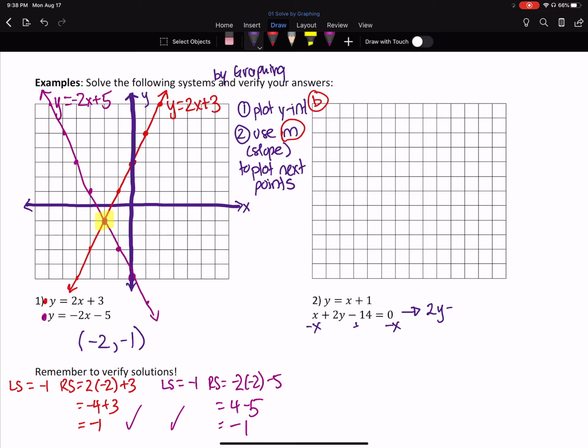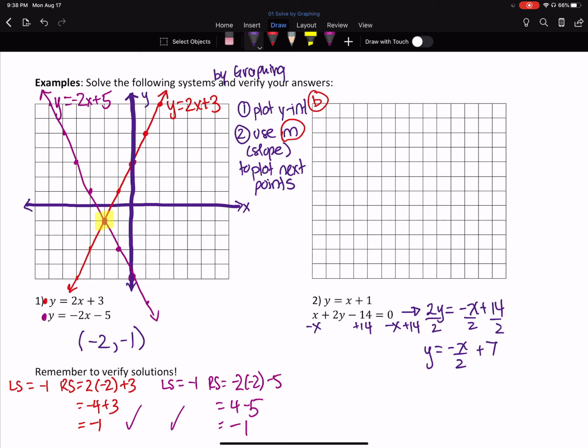And I'm going to do the 14 at the same time. Oops, I wrote 15. Plus 14. So then 2y equals negative x plus 14. Divide everything by 2. y equals negative x over 2, we just keep that as a fraction, plus 7.